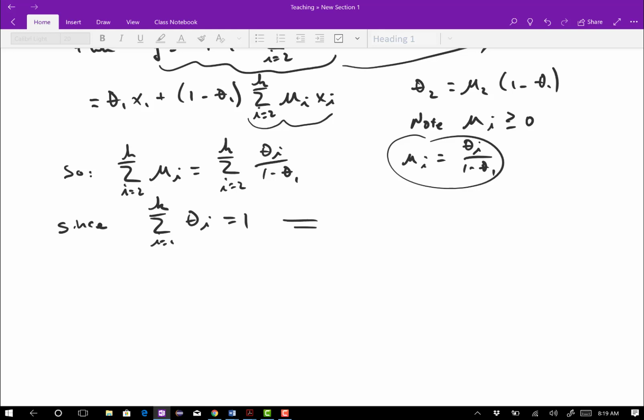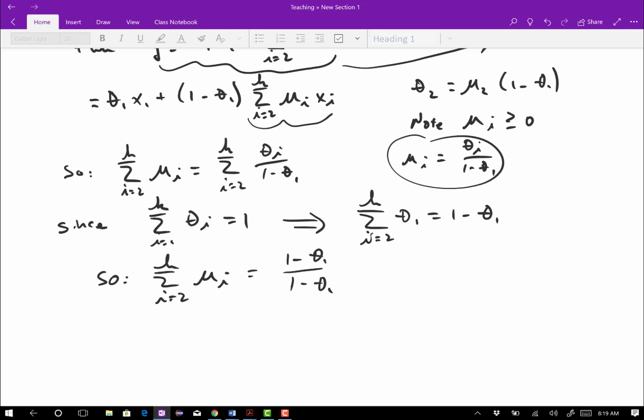Then from here it follows that the sum of i ranging from 2 to k of theta i equals 1 minus theta 1, and now we can use these two expressions. So the sum of i ranging from 2 to k of mu sub i is equal to 1 minus theta 1 over 1 minus theta 1, which is equal to 1.